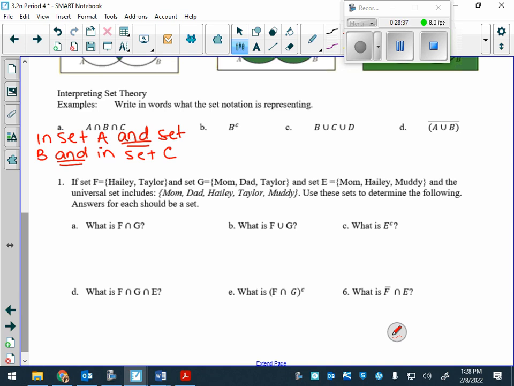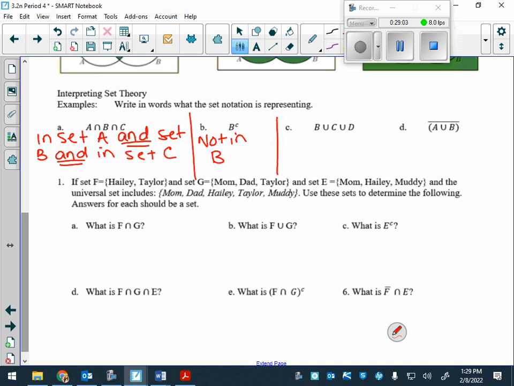That little C means what? Yep. It's part of the outside. So part of it is the outside. It's not in B. So all of B would not be shaded in. A and the outside.